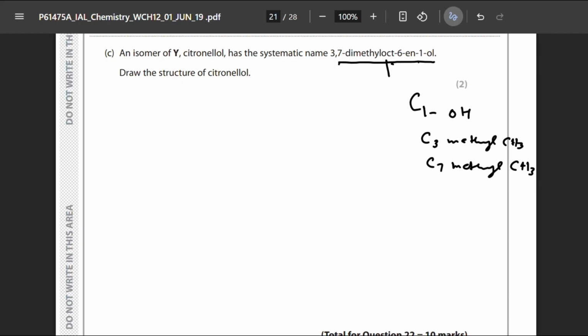On the third carbon there should be a methyl group. On the seventh carbon there should be a methyl group. And on the sixth carbon there should be a carbon-carbon double bond. Okay, now let's draw the structure.